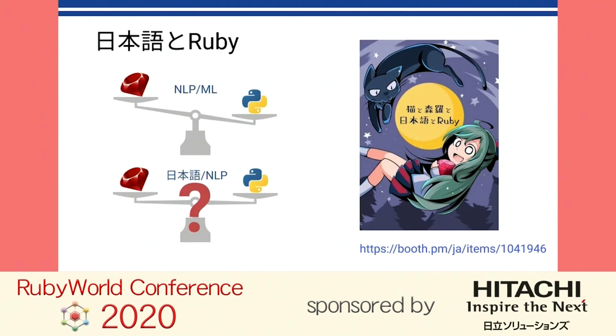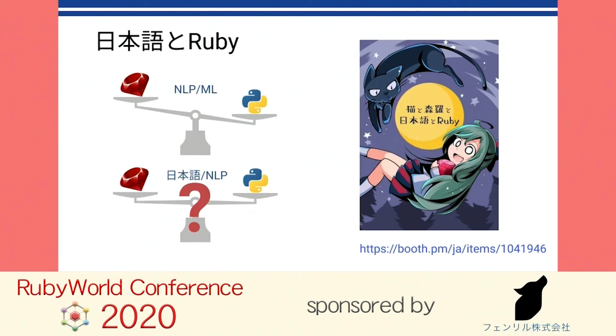However, that observation is the situation overseas. And of course, in Japan too, Python is popular. But as far as NLP for the Japanese language, Python's superiority may not be that great.